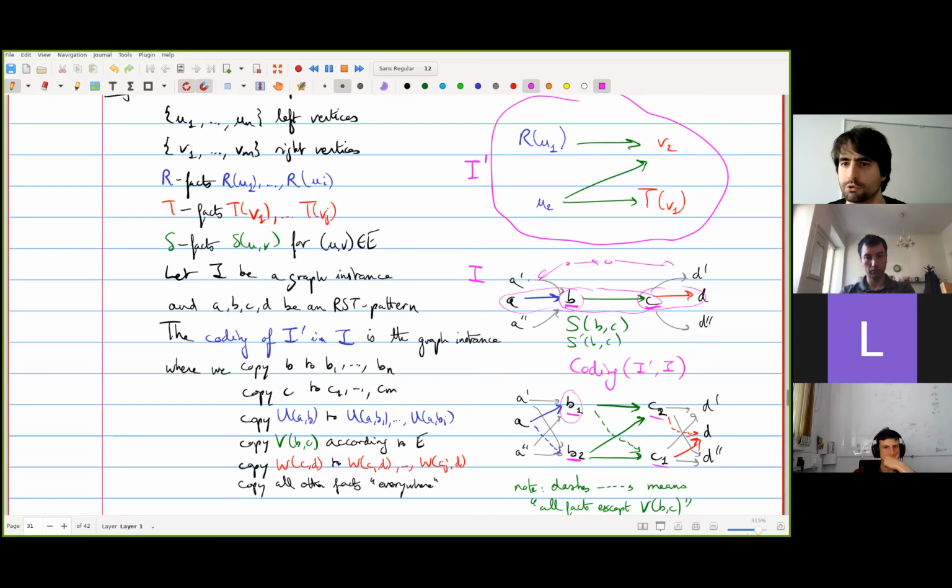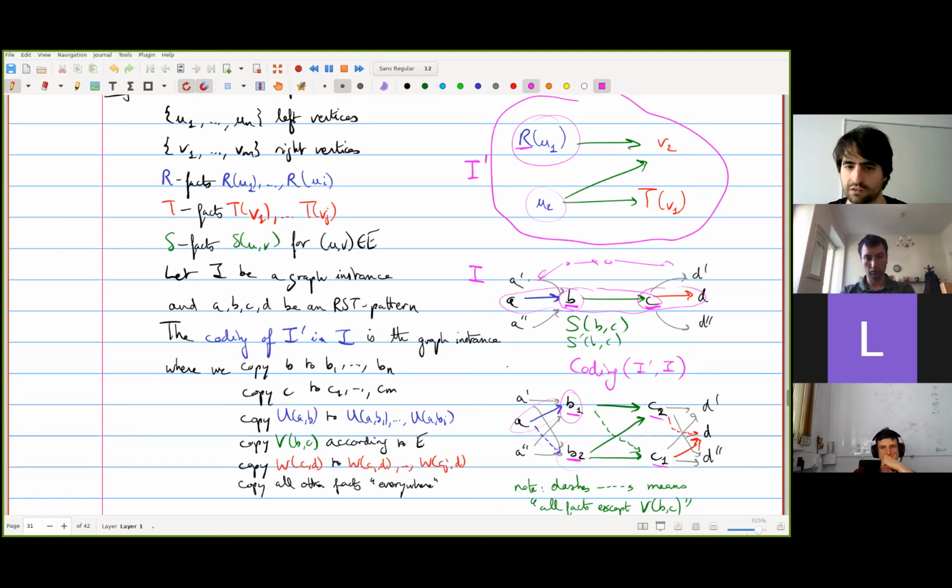So this guy here corresponds to this guy had an R-fact. So here we have the blue arrow. This guy did not have an R-fact, so we have again a dashed blue arrow, meaning we have all the facts between A and B except the facts that we chose.